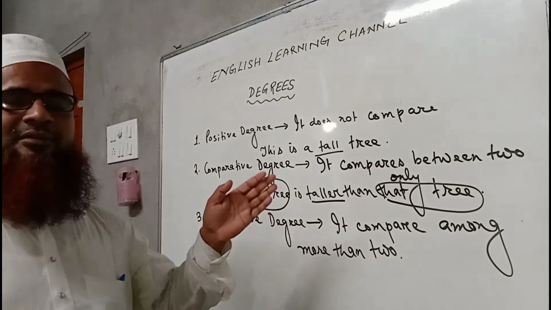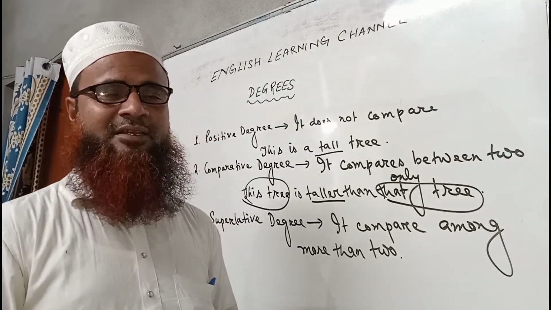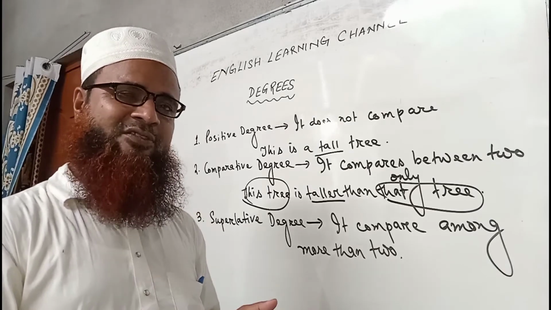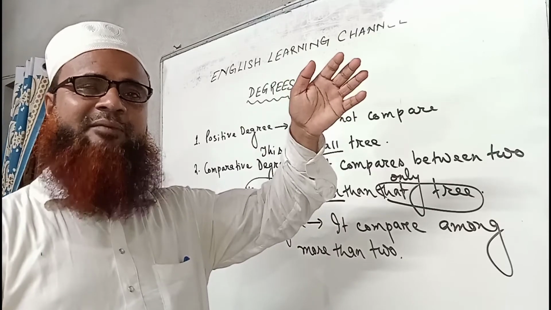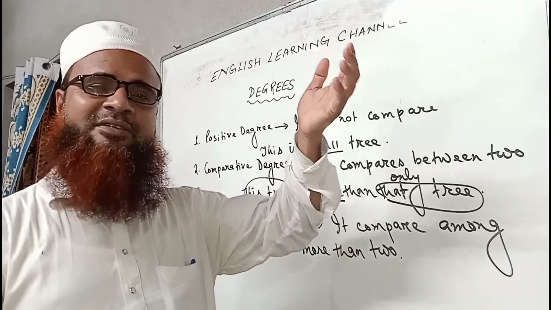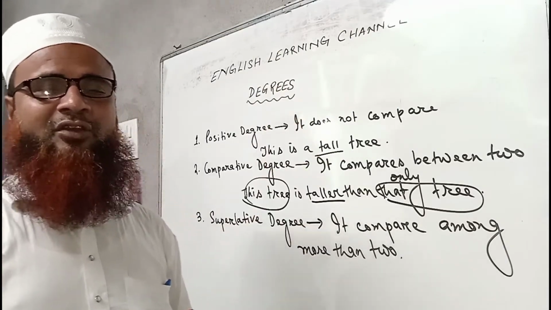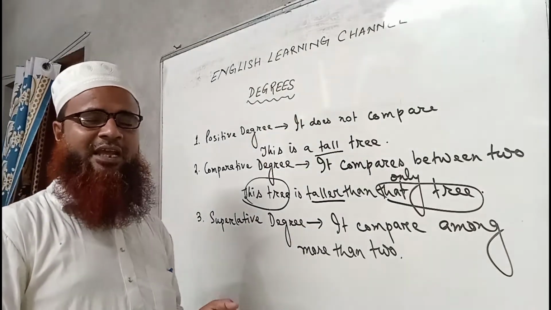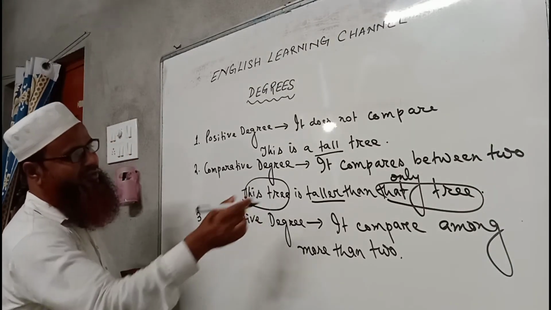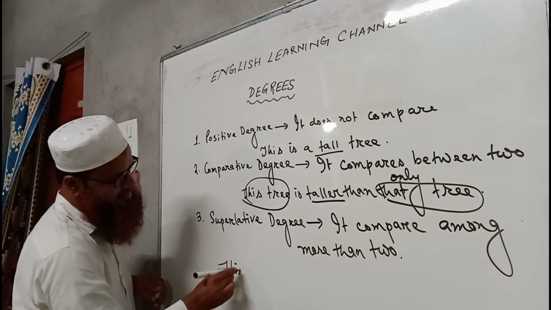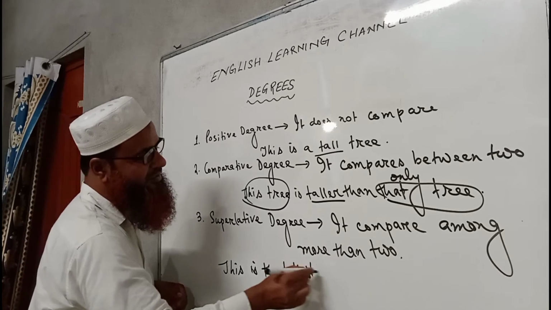One tree is tall, another is taller, and the third tree, there may be some more trees, then among them one is the tallest. So the comparison always takes place among more than two. That is why we may write this is the tallest tree.